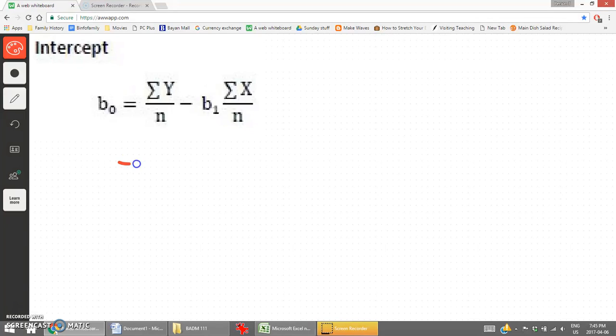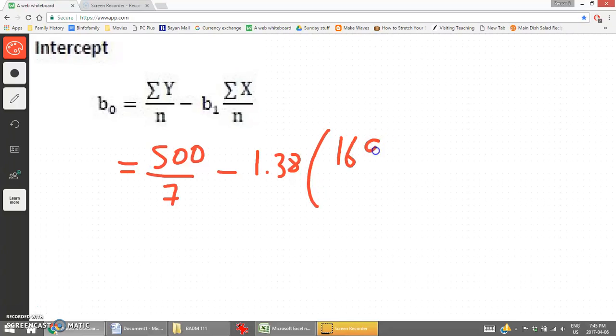So this first part is basically asking for the average y value. The total y is 500. We have 500 divided by 7 minus our slope of 1.38 times our total x divided by 7. So if you calculate that through, you should get an intercept of 38.1.